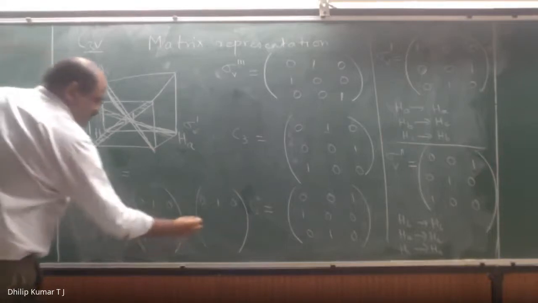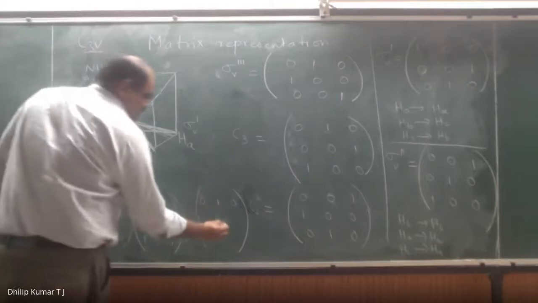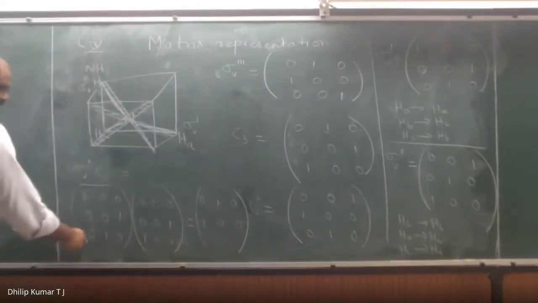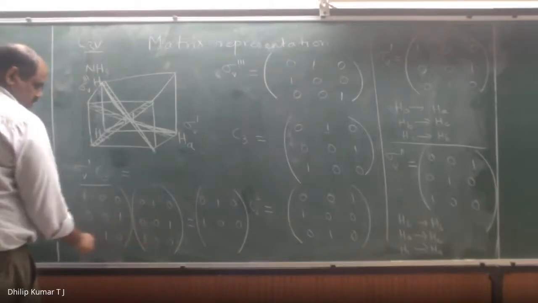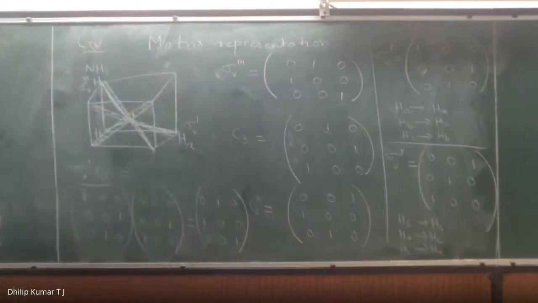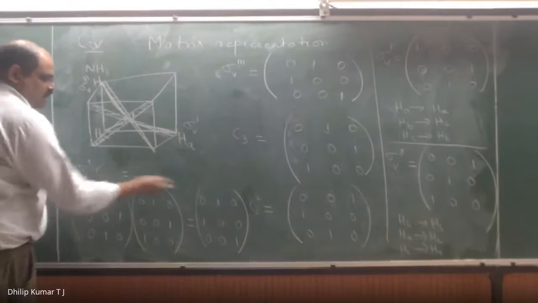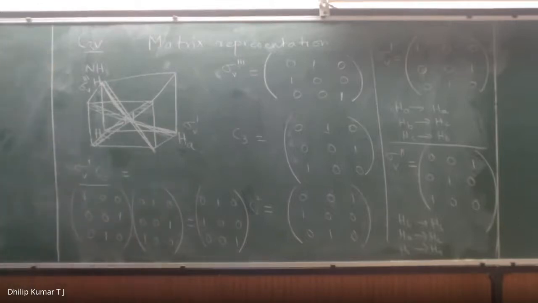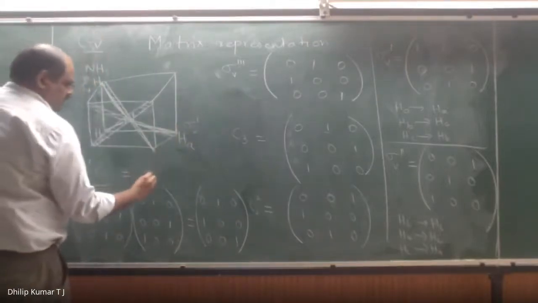So this will get 1. Again, it's going to be 0. This into this 0, this into this 0, this into this. So 0, 0, 1. So if you take the product of sigma v prime and C3, you get the matrix 0, 1, 0, 1, 0, 0, 0, 0, 1. So that is sigma v triple prime.